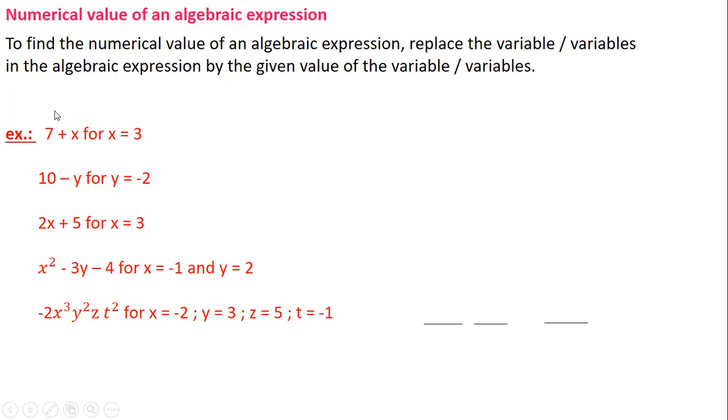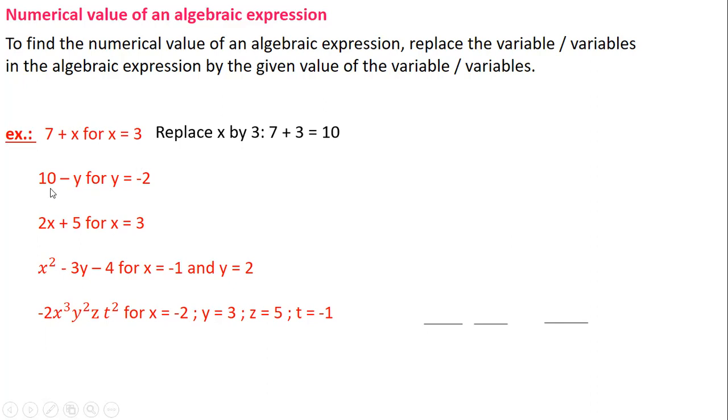So this variable x should be replaced by 3. Simply we write 7 plus 3, because here we replace x by 3. So 7 plus 3 is equal to 10. So the numerical value of 7 plus x for x equal 3 is 10.